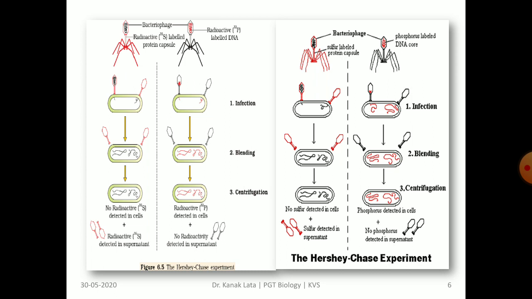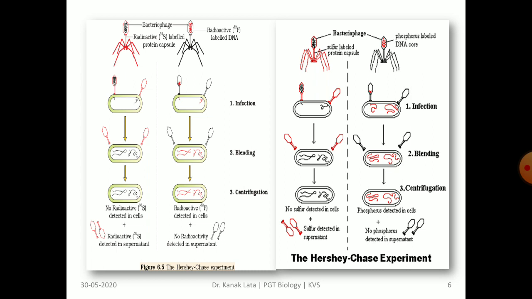The given figure shows the Hershey and Chase experiment. Here the three steps can be clearly seen, that is infection, blending and centrifugation. When bacteriophage is grown in radioactive sulfur, then no radioactive sulfur was detected in the bacterial cell, but radioactive sulfur was detected in the supernatant.